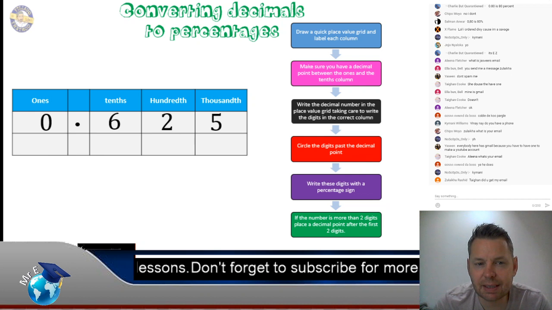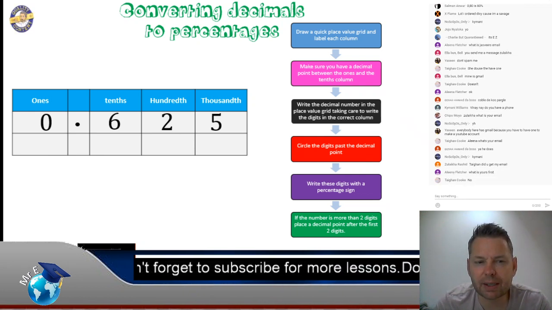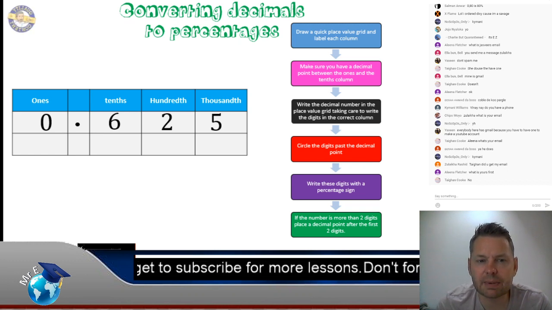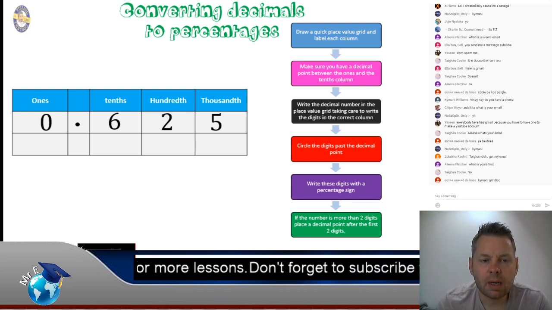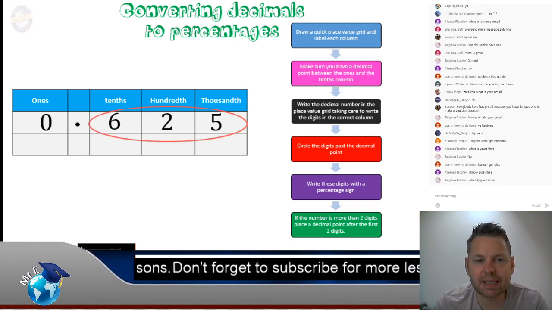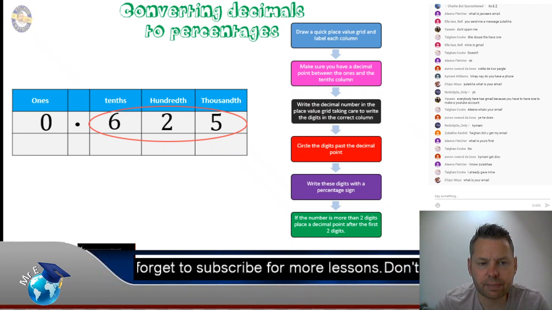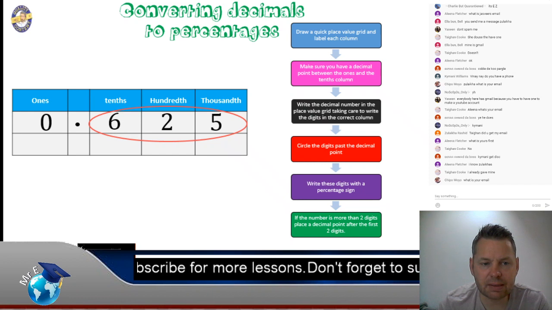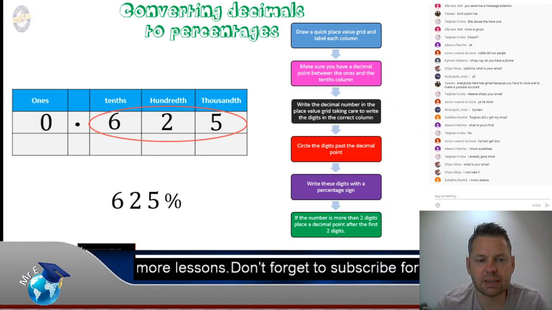Well, actually, this is a bit more challenging with this method, but not super challenging because we're going to follow the same steps. So I've put in my decimal and I've put in my digits. I'm going to look at the numbers after my decimal point. In this case, I've got 625. I'm going to write those digits underneath, 625 with a percentage sign.